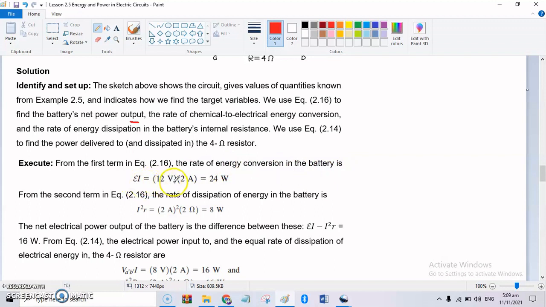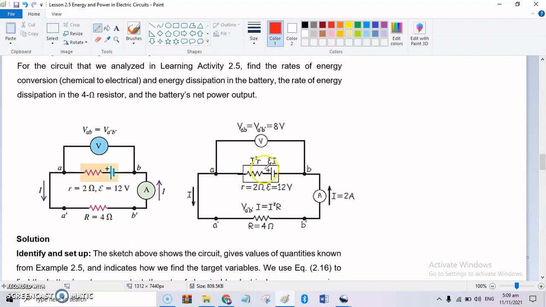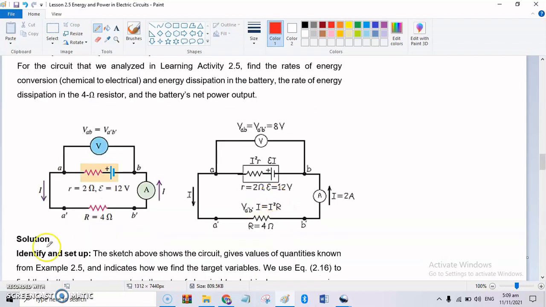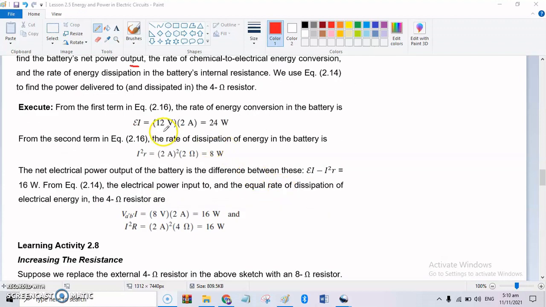So, 12 volt times 2 ampere is equal to 24 watts. Where does that come from? This is given from the figure or from the problem itself. From this problem, current is equal to 2 ampere and the EMF is equal to 12 volt. So, the rate of conversion in the battery is 24 watts.